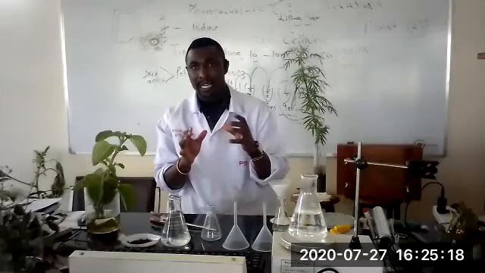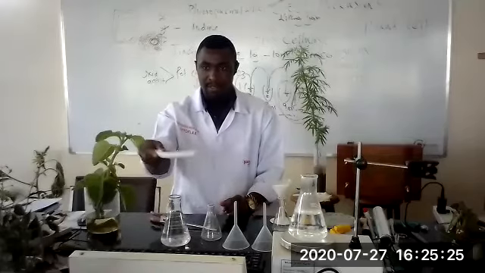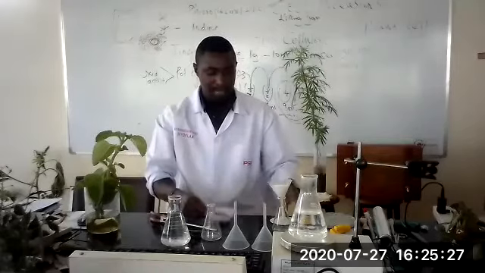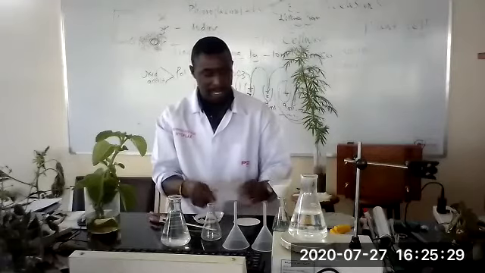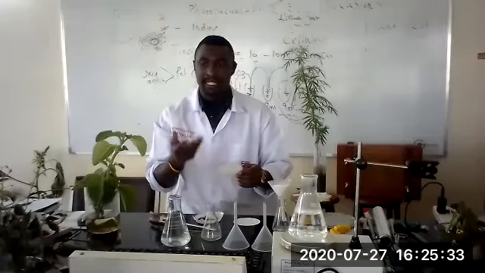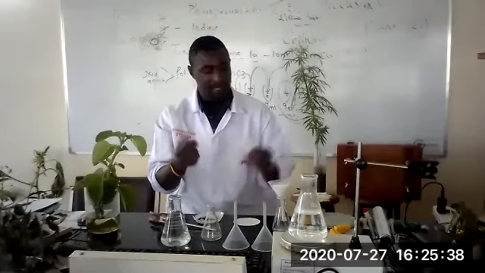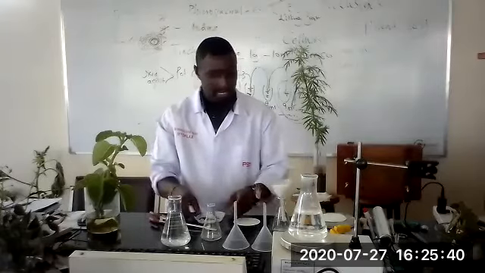Now, with the other sample, using the acacia powder, I will pick, and I will measure a specific amount of grams of acacia. Let's say 10 grams of this Acacia nilotica. So I will measure it.